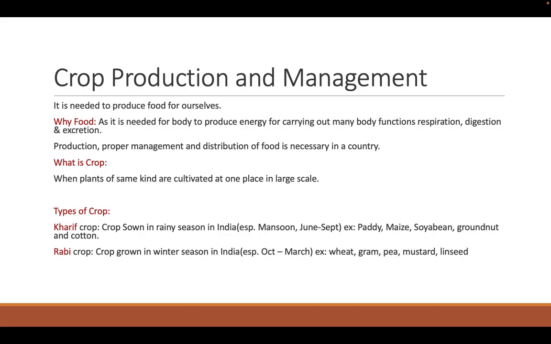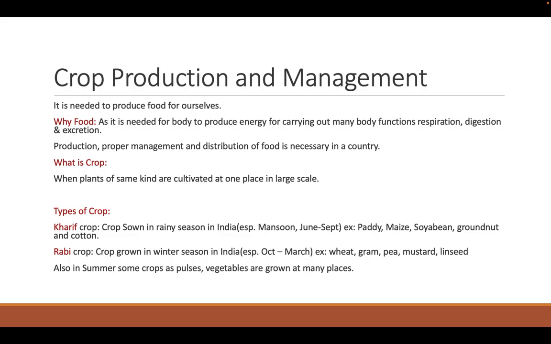Some regions have shorter winter, some regions have longer winter. But this is the bottom line: rabi crop is grown in the winter season. Examples are wheat, gram, peas, mustard, and linseed. These are just a few examples. There could be more also, but we are just considering a few examples to start with.